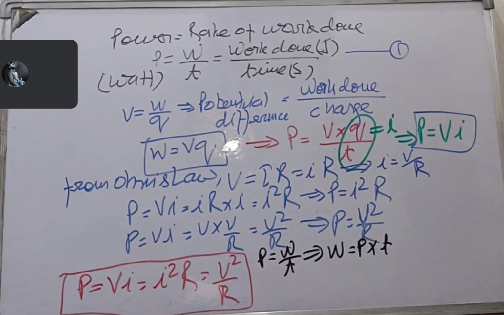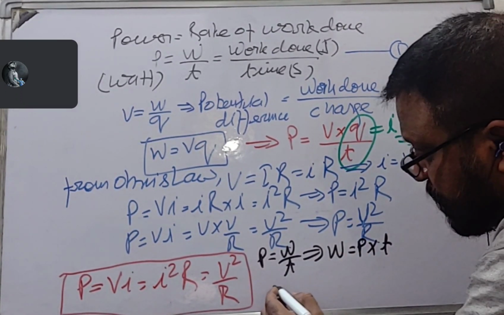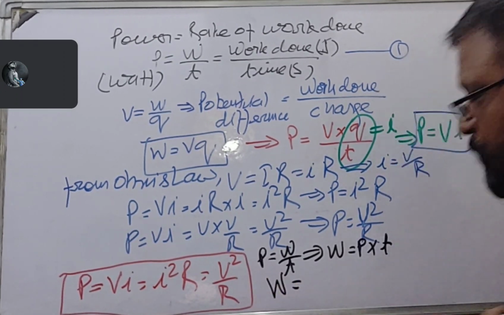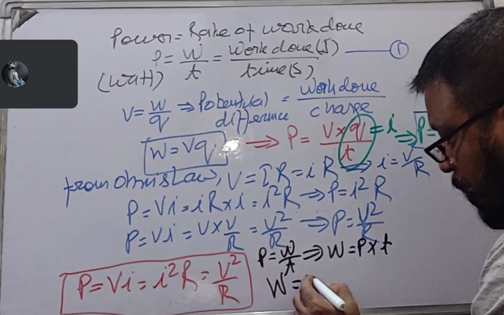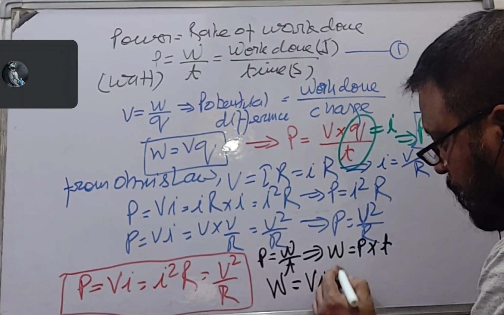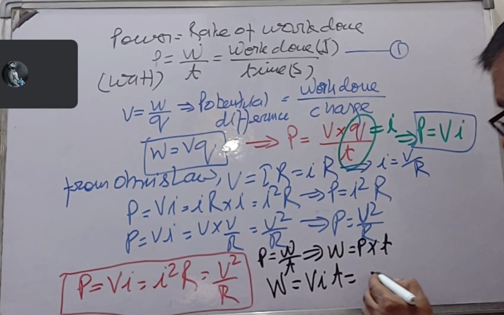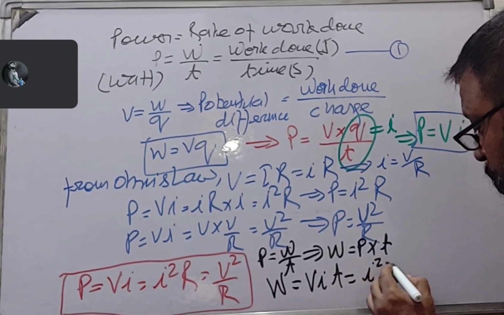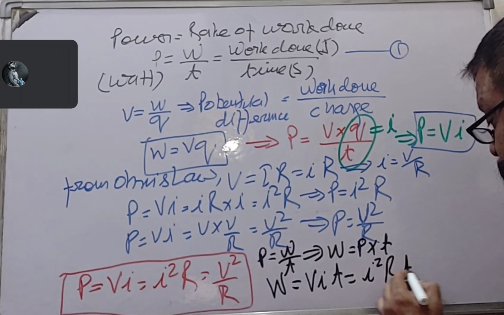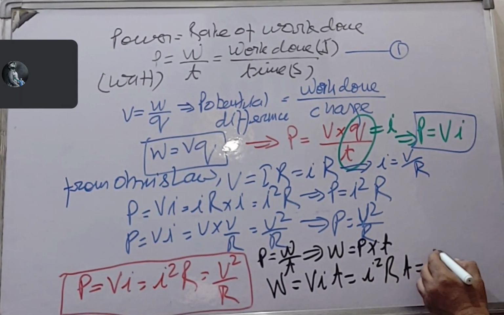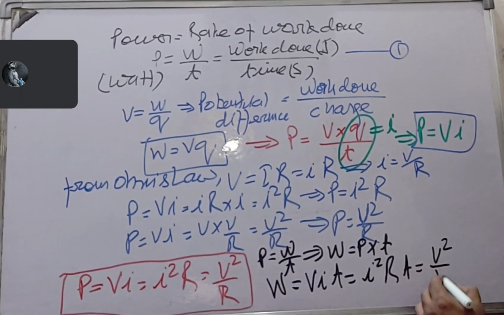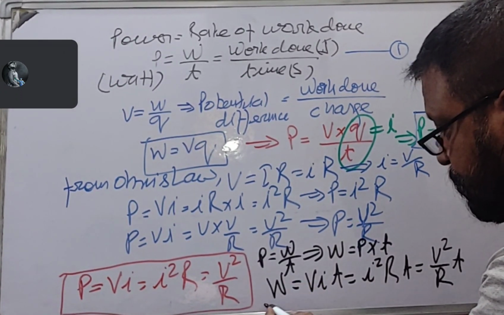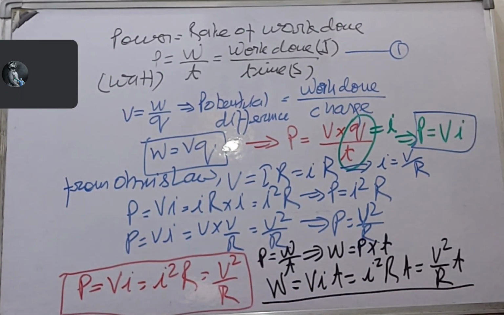So substituting the relevant values, we get W is equal to VIT, or we can write it I square RT, is equal to V square upon R into T, right? This is for work done.